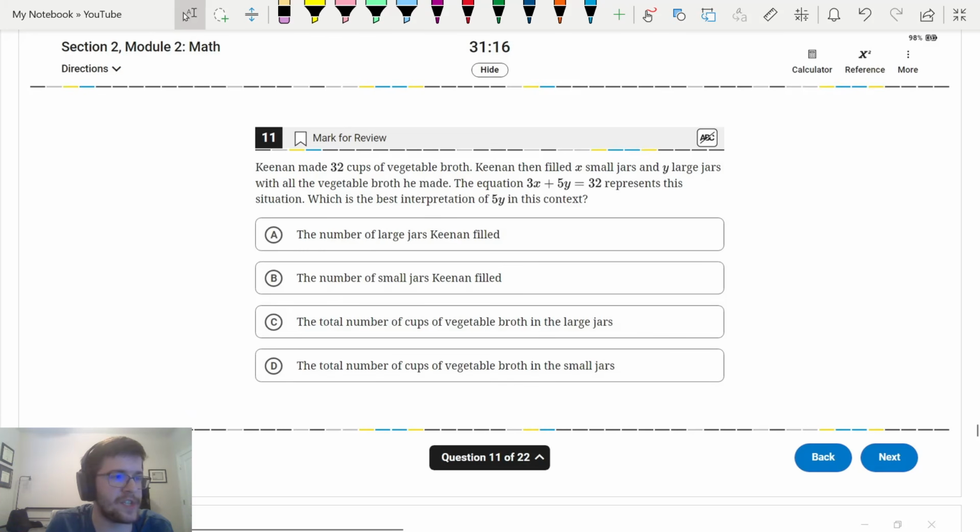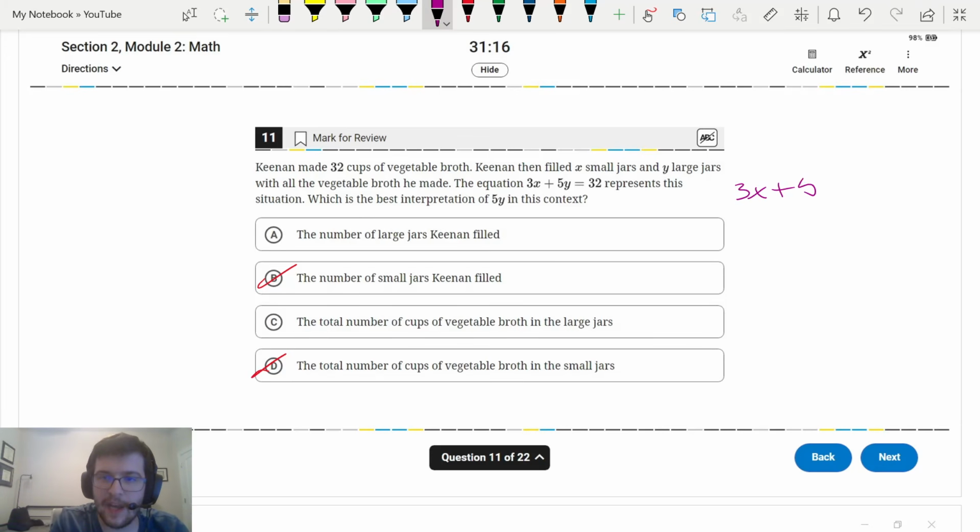All right, another one of these unit analysis equations. Let's go through this. First of all, the 5y clearly has something to do with large jars. So if it doesn't mention large jars, it's wrong. B does not mention large jars and D does not mention large jars. Now I'm going to write the equation.